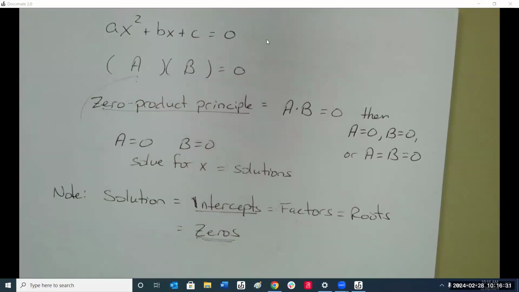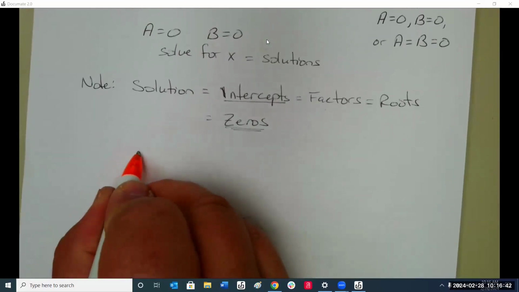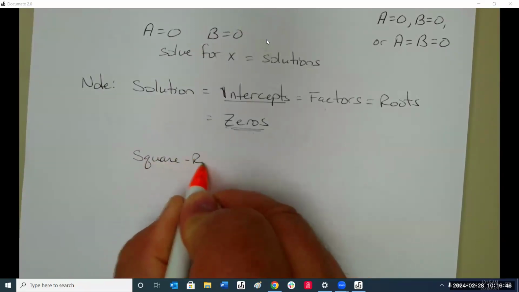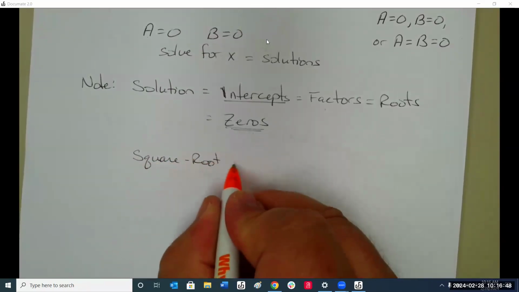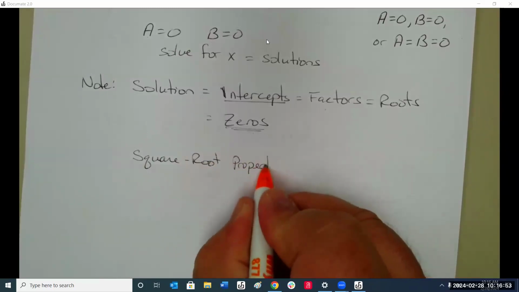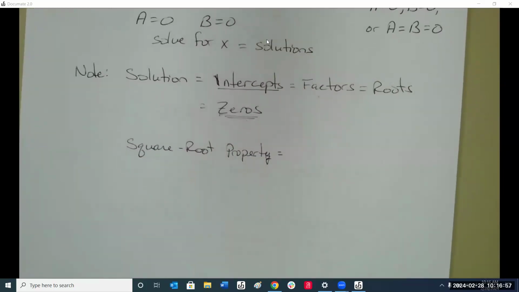So that's one of the things. Another thing, since we have an x squared, we have the square root property, which says this.